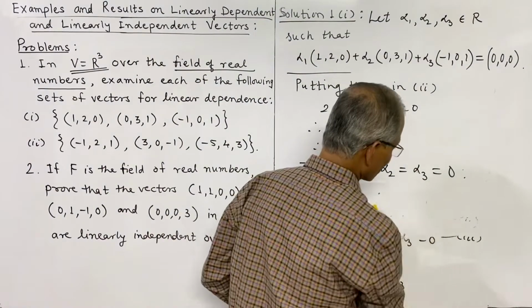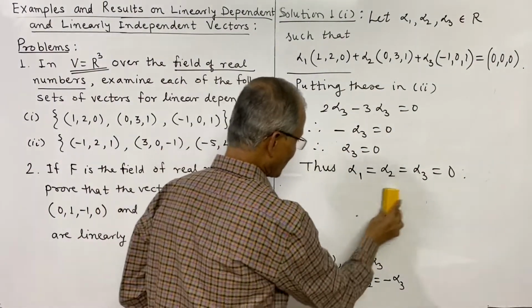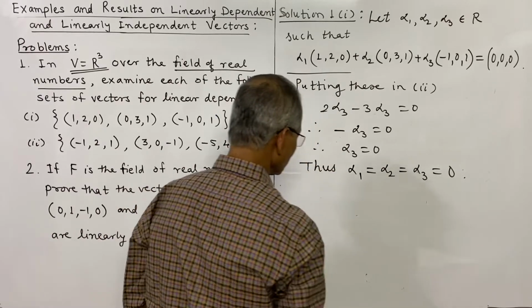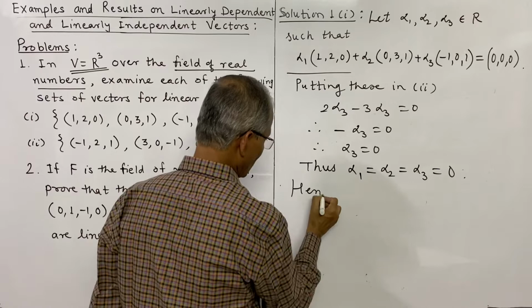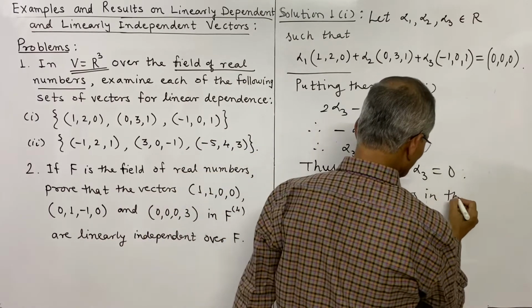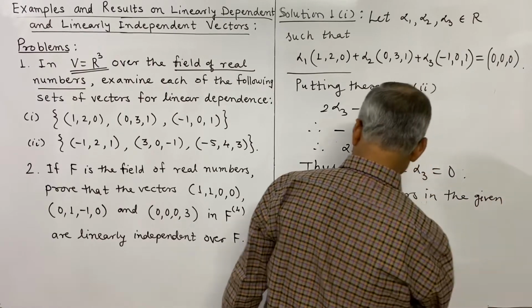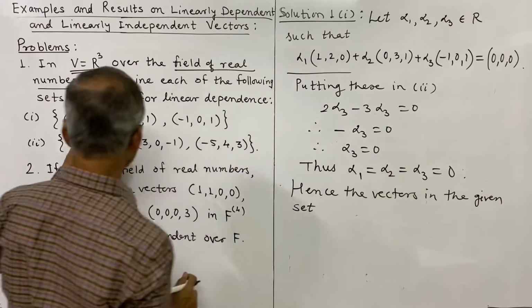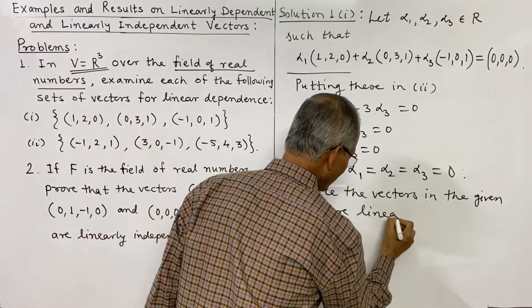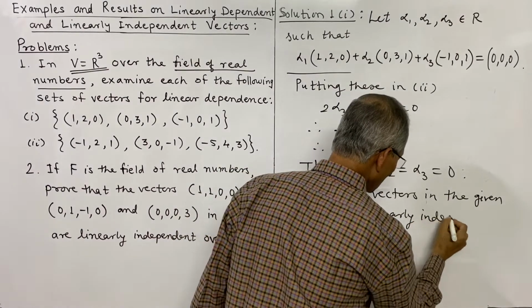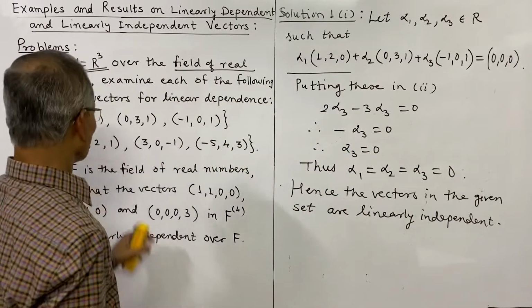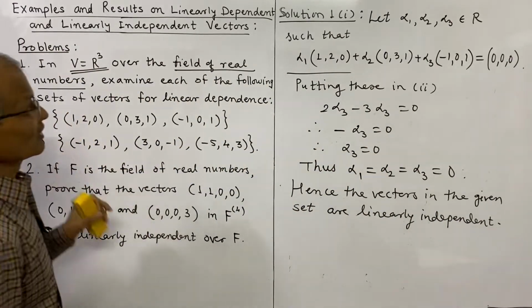So hence the vectors in the given set, these three vectors, are linearly independent. So this completes the solution of the first problem. Now we consider the second.